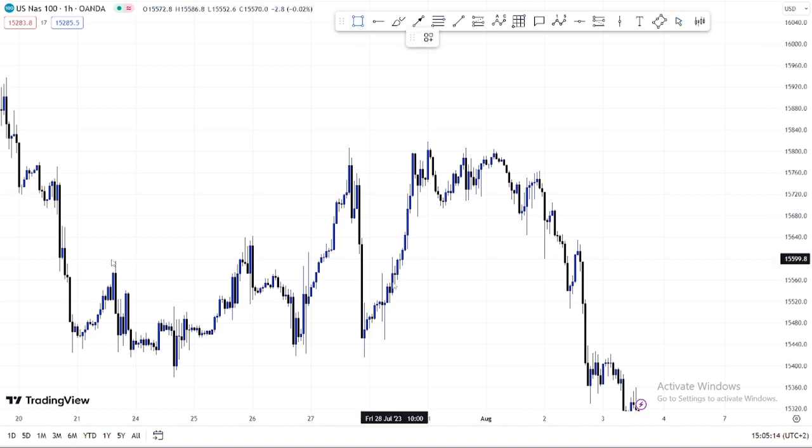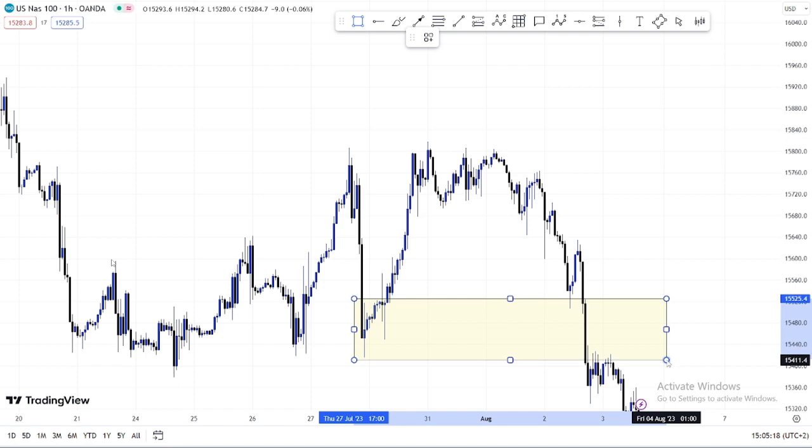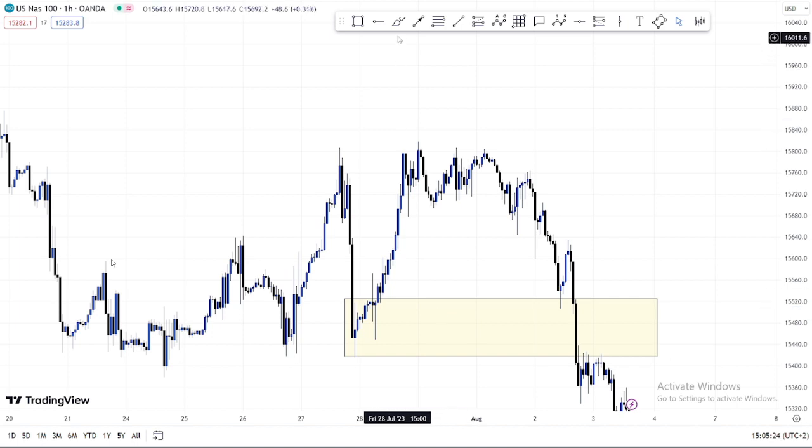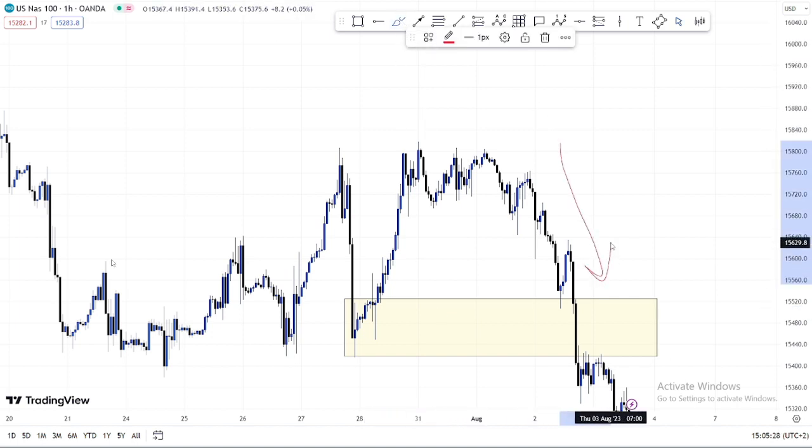The first thing I did was to look for an untested area, which was also my goal. I was expecting the market to come to this area because it's untested. As you can see on the left, we had a rally, a base, a rally.